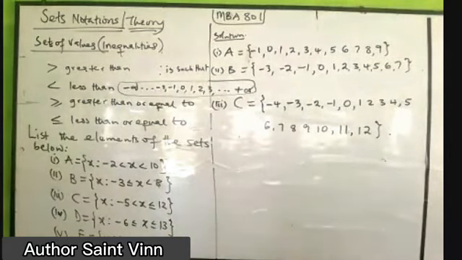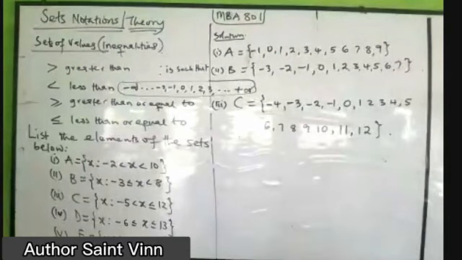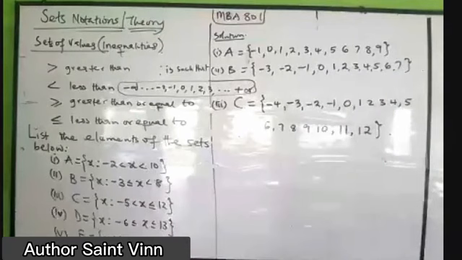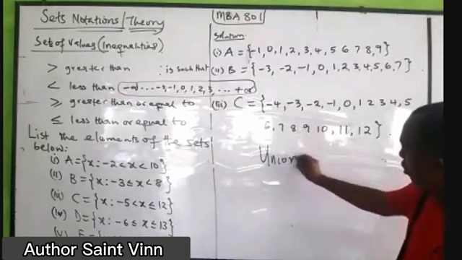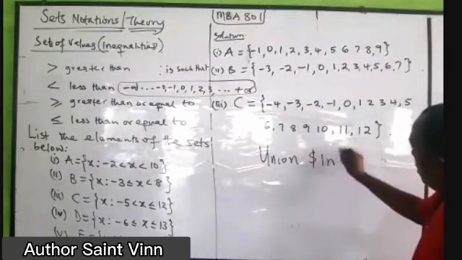So remember, what we have done today is tell you the meaning of set, what a subset is, what a set of values is, and how it relates to inequality. When we come next time, the topic is called union and intersection.